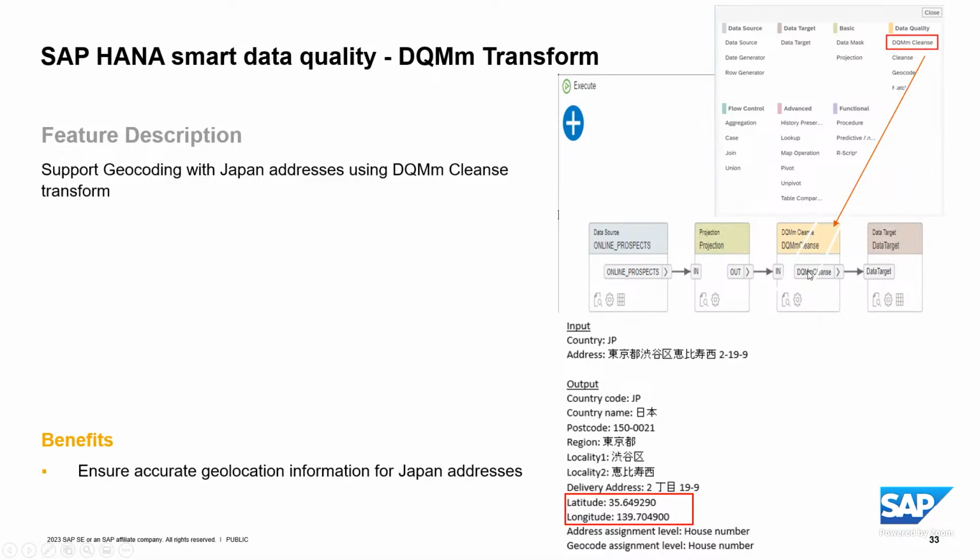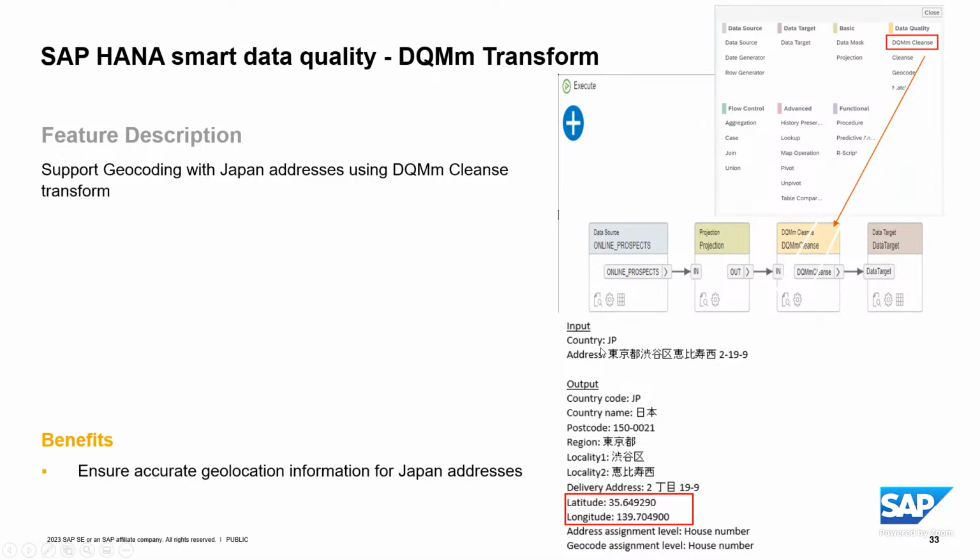For the DQMM cleanse transform, we added support for geocoding Japanese addresses. As you can see on the screen, we start with a Japanese address without any latitude or longitude information.